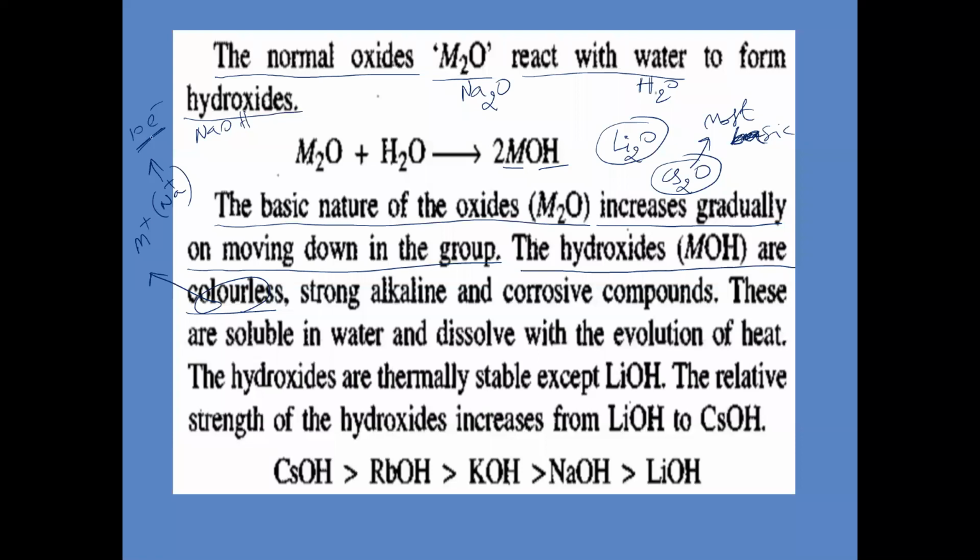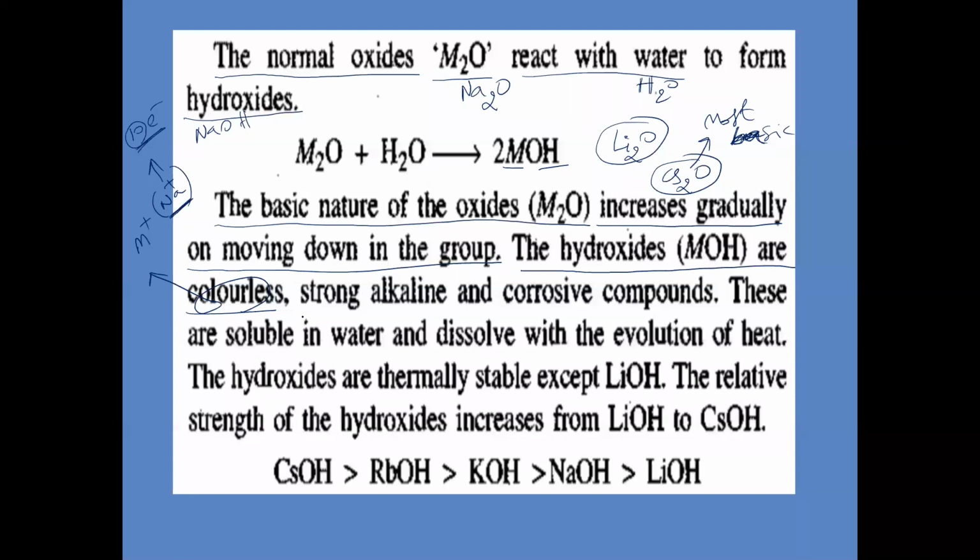No unpaired electron is there in Na plus. In the M plus cation, no unpaired electrons. When there are no unpaired electrons, a colorless solution is formed here. So NaOH and KOH, all these hydroxides of first group solutions are colorless because the cations have all electrons paired, meaning they do not have any unpaired electrons.